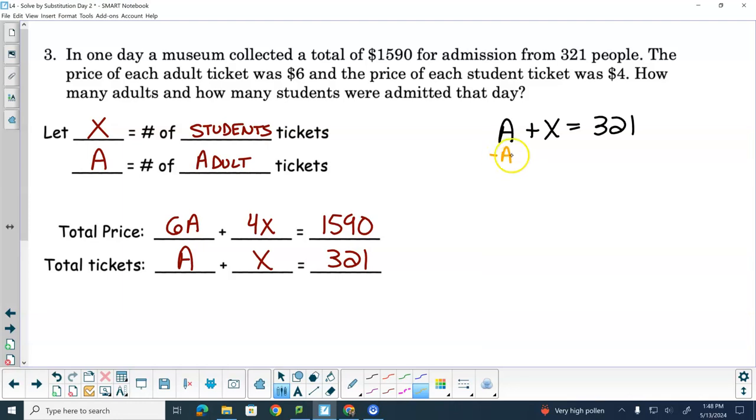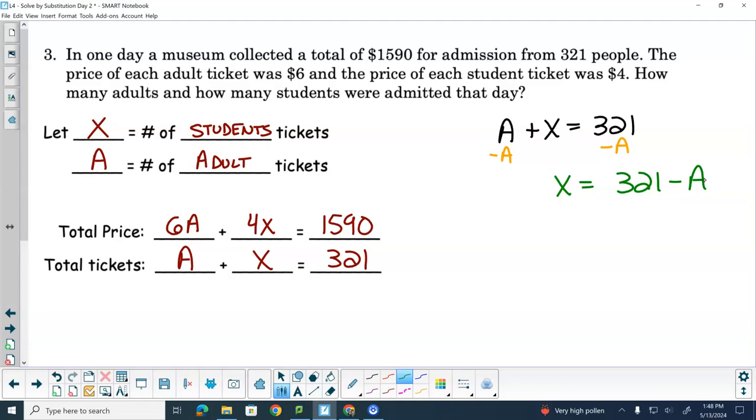That's going to give me X equals 321 minus A. Agree with that? Because then I don't forget the negative sign. Yeah, but 9 times out of 10 you'll forget it. Trust me. See your paper.